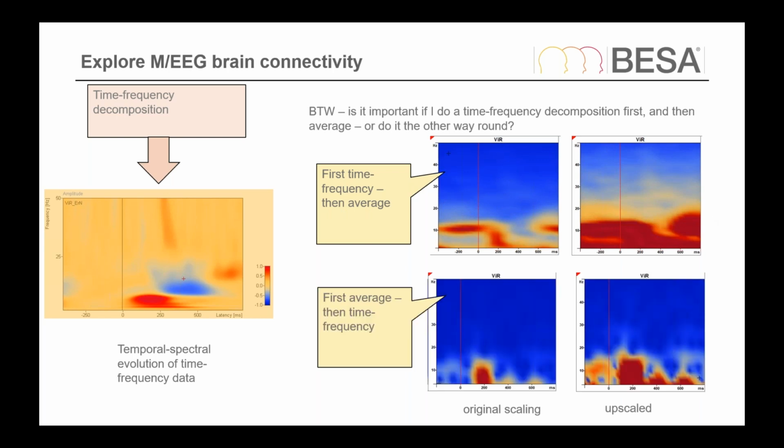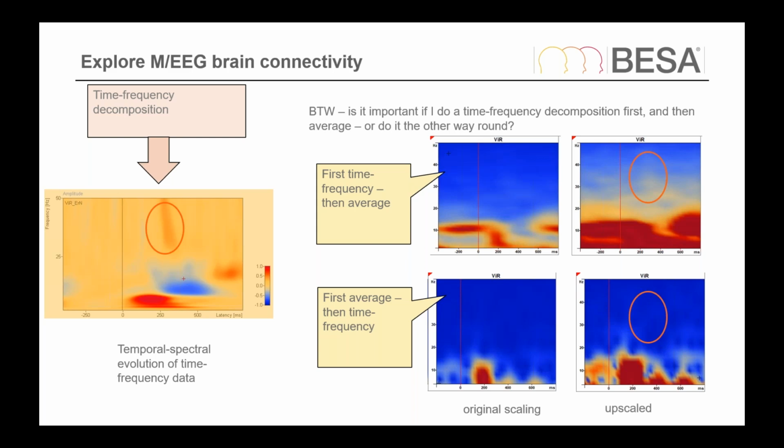And if I do the other way, so I first average my data and then do time frequency analysis, then I can see a somewhat different spectrum. Particularly, you can see that in the upper case, I still have some frequency activity at higher frequencies left, for example, here in the gamma band. And this is actually a very real effect that I can also see in the temporal spectral evolution plot.